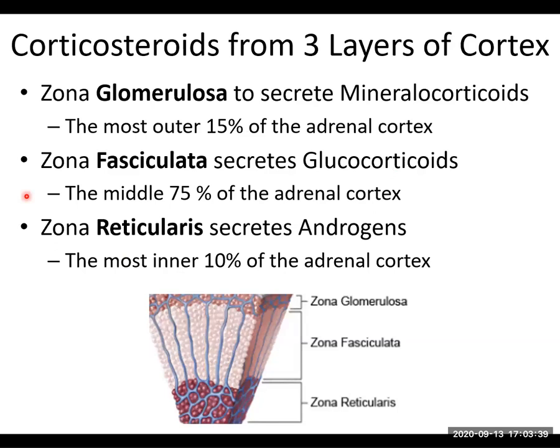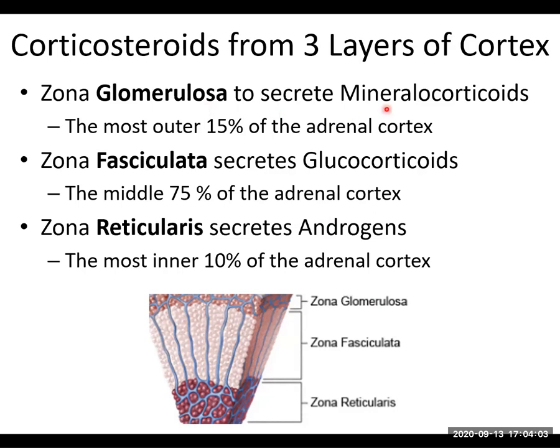So let's look into this cortex, and we can see these three layers: zona glomerulosa, zona fasciculata, zona reticularis. Each one produces different hormones. About 15% of the hormone produced in the cortex comes from the glomerulosa.